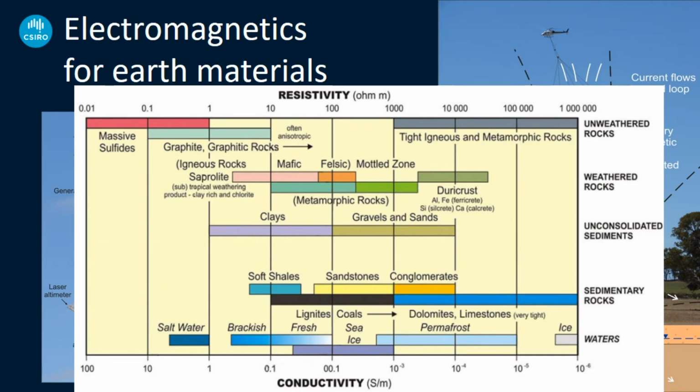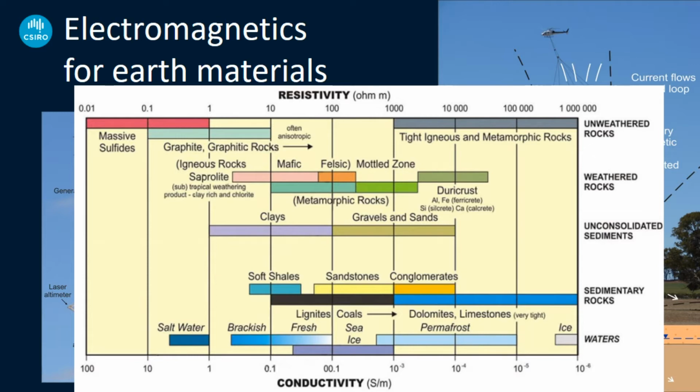This is a slide that comes from Palacky, which says that if you look at conductivity of the Earth in Siemens per meter, or conversely the resistivity of the Earth, which are the reciprocals of one another, different Earth materials tend to fall within different bands of electrical conductivity.